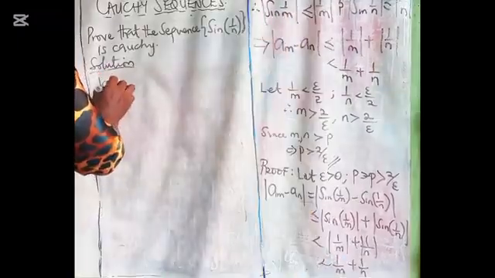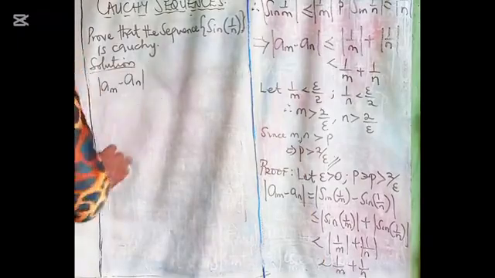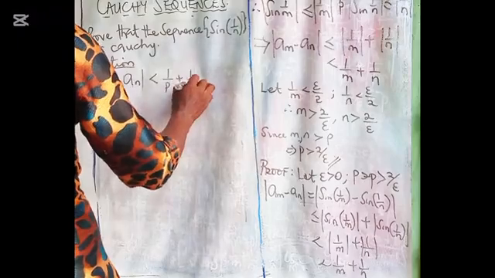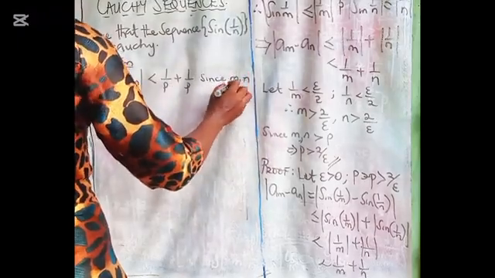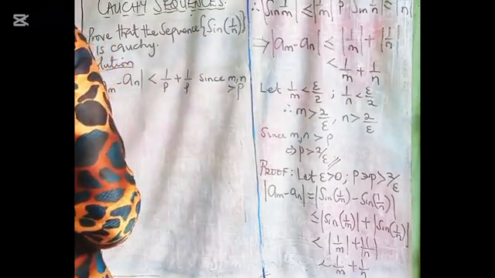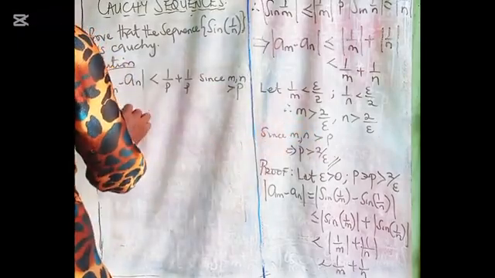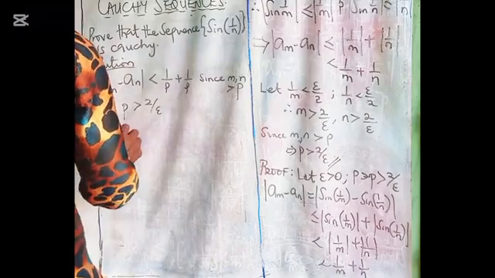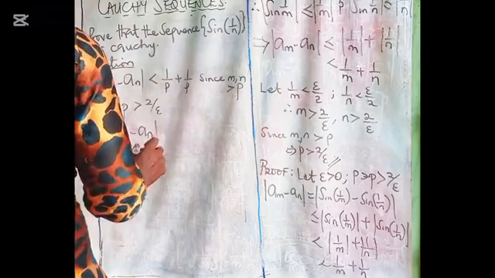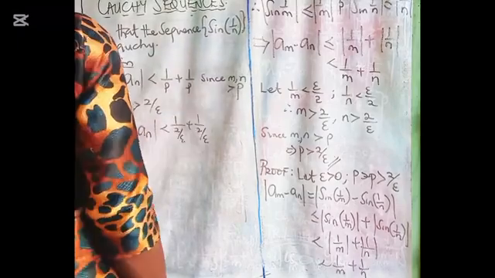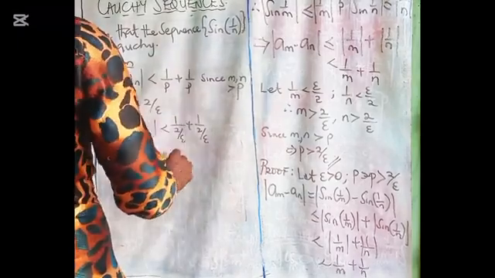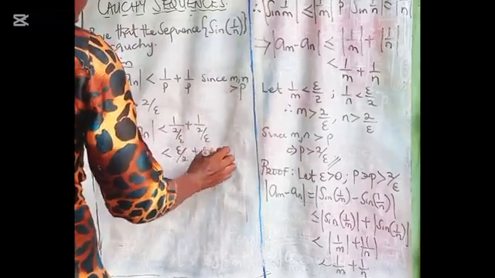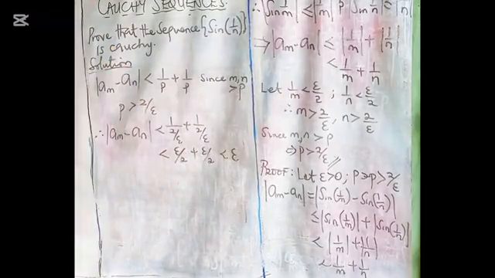Therefore, the absolute value of a sub m minus a sub n will be less than 1 over p plus 1 over p, since m and n are greater than p. But recall that we have chosen our p to be greater than 2 over epsilon. Therefore, a sub m minus a sub n will be less than 1 over 2 over epsilon plus 1 over 2 over epsilon, and that is less than epsilon over 2 plus epsilon over 2, and that is less than epsilon.